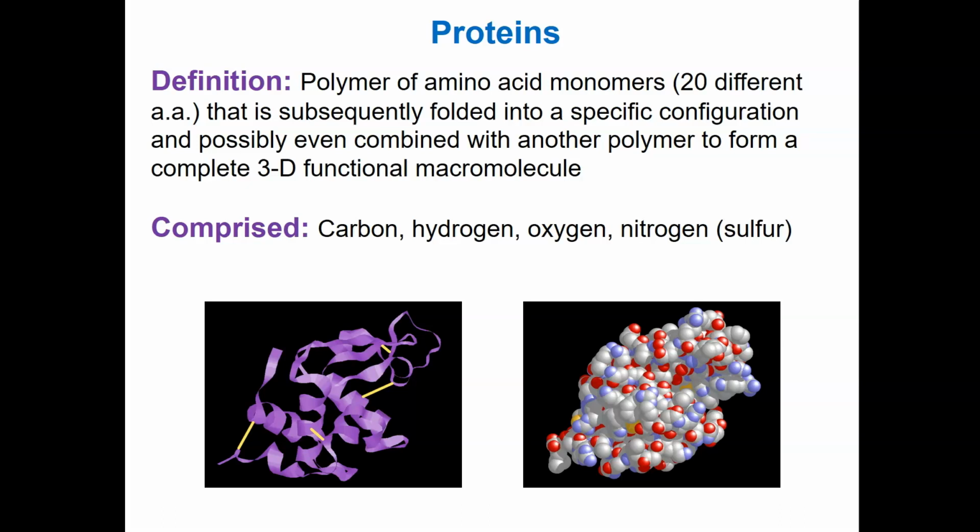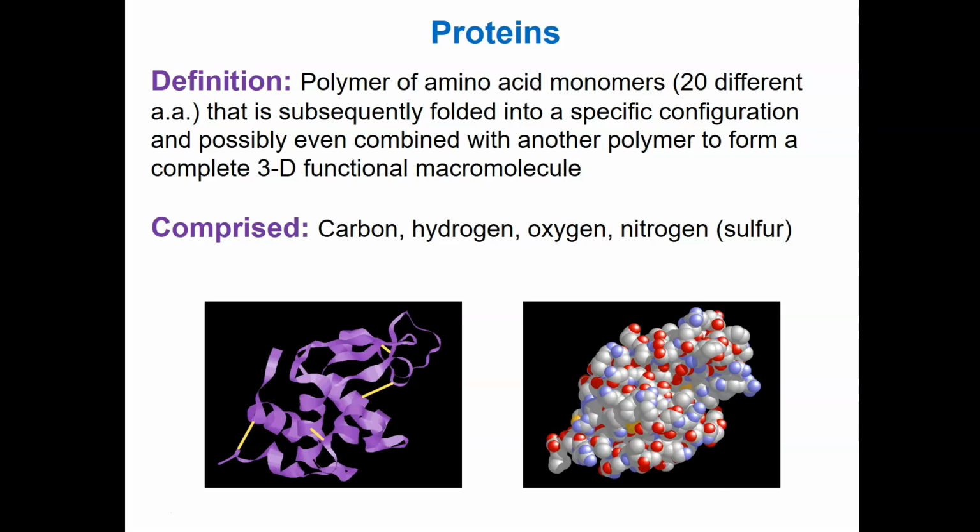So all those different amino acids, when they're brought together, are going to start to be attracted to other amino acids and repel other different amino acids, and that's going to give a particular polypeptide chain a 3D structure. And that structure is going to determine how that particular polypeptide chain behaves and how it functions.